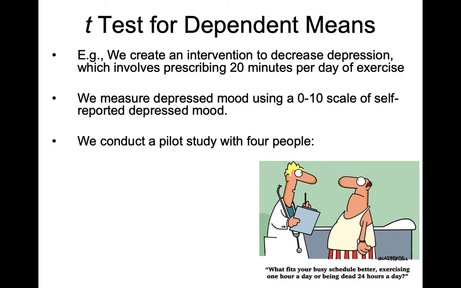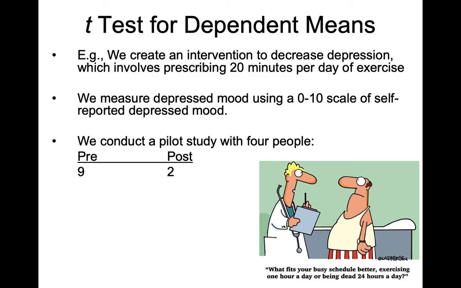And we're just going to do a very simple study, which is often called a pilot study in research, and it's only going to have 4 people. And we're going to collect pre-scores and post-scores. So pre-scores refer to people's depression before the exercise intervention, and their post-scores refer to their self-reported depressed mood after the exercise intervention. So a pre and post repeated measures design.